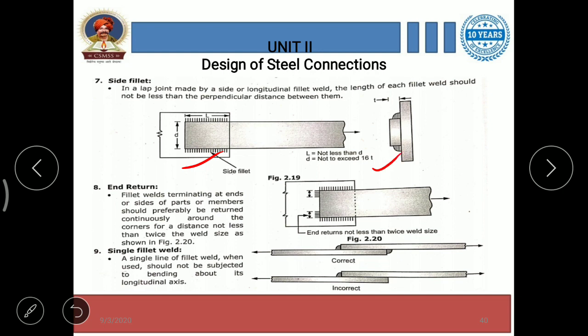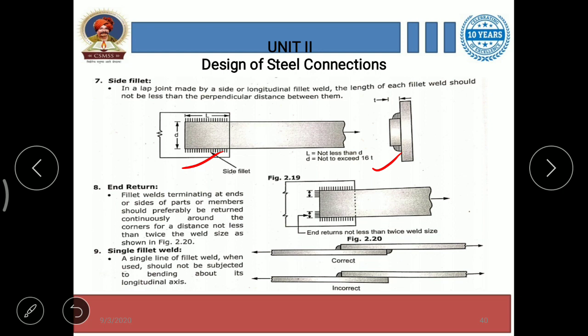This is again a condition. Then end return: fillet welds terminating at ends or sides of parts or members should preferably return continuously around the corners for a distance not less than twice the weld size, as shown in the figure.